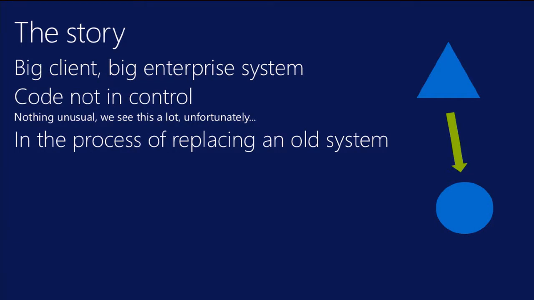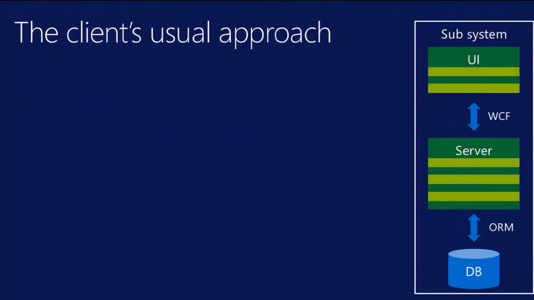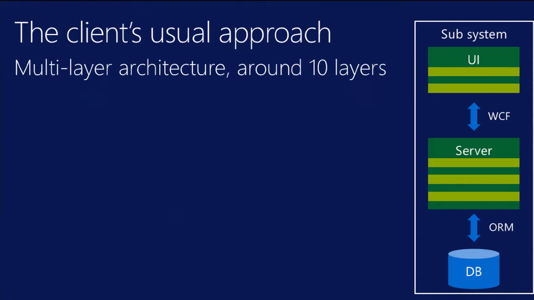And the story is essentially, and what we did is that we built a piece of the new system, we took some functionality from the old system and migrated that to the new system. That is what I'm going to talk about. Now, if the client had done this themselves, they would have used their normal approach. And they would have built a system with a number of layers, perhaps 10, give or take a few.